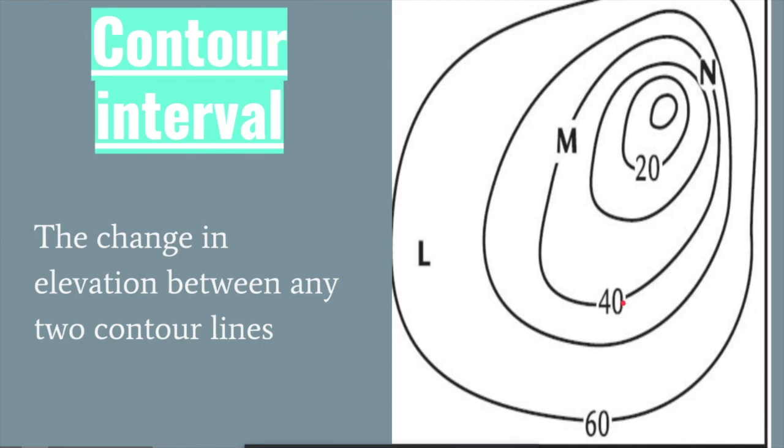The contour interval between this line and this line is 20, because the elevation goes much higher in the middle. So the elevation between each line increases by 20.